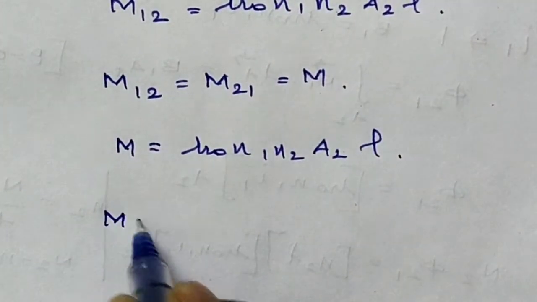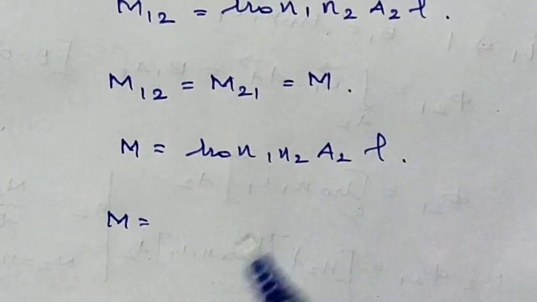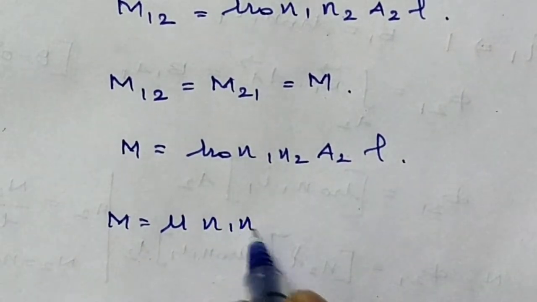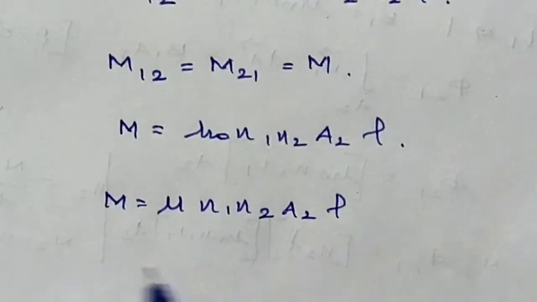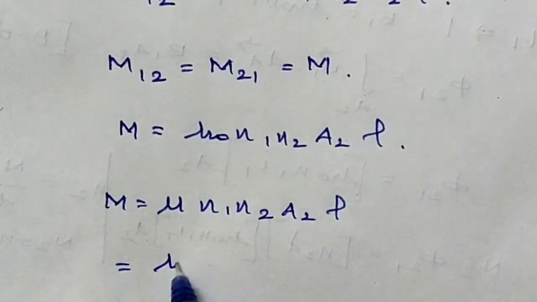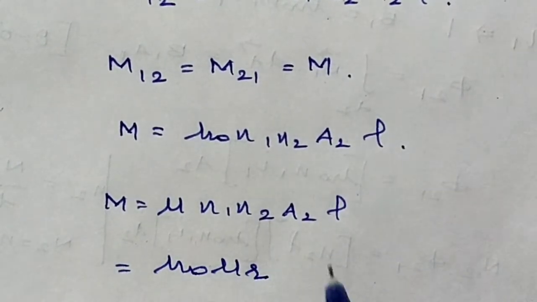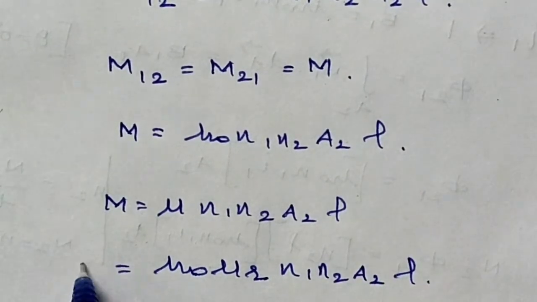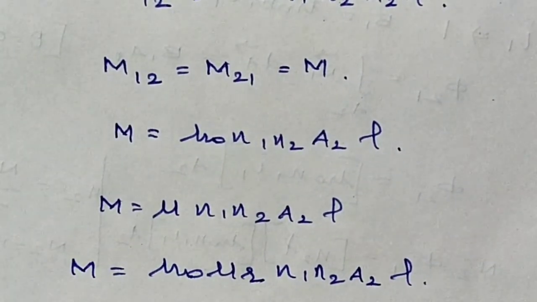Then, rearranging that equation, instead of the permeability of free space we use the permeability of the medium: mu equals mu naught mu R, so M equals mu naught mu R n1 n2 A2 L. So that is the mutual inductance between two long coaxial solenoids.